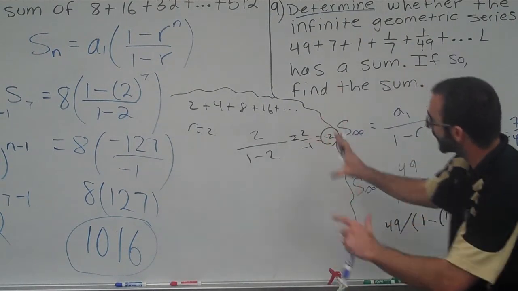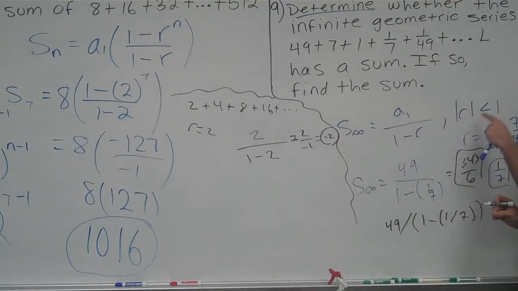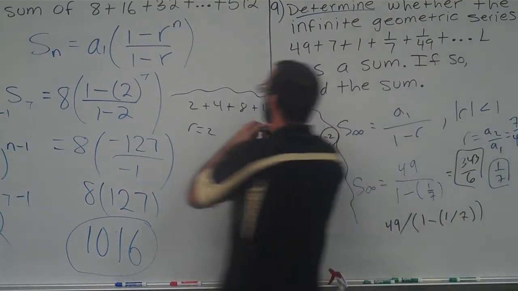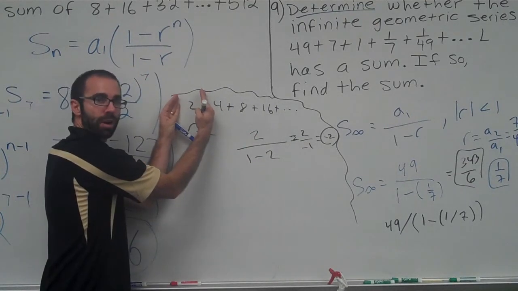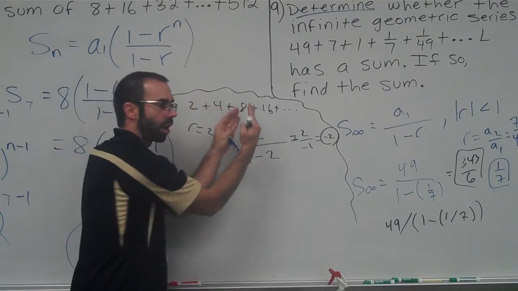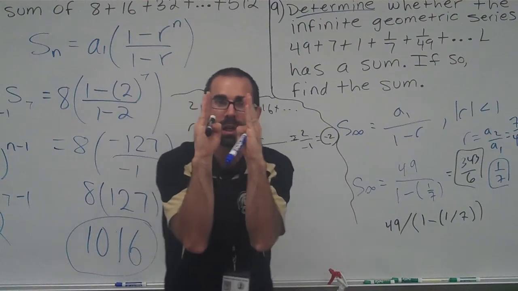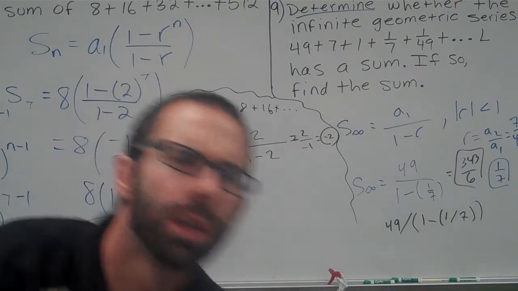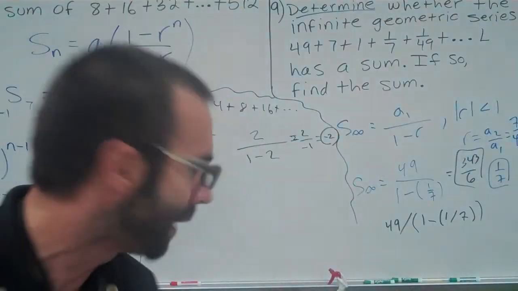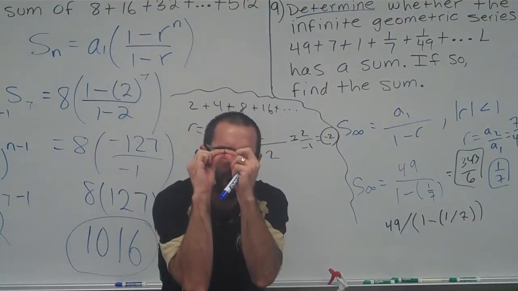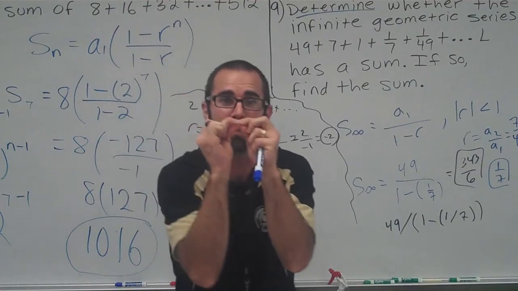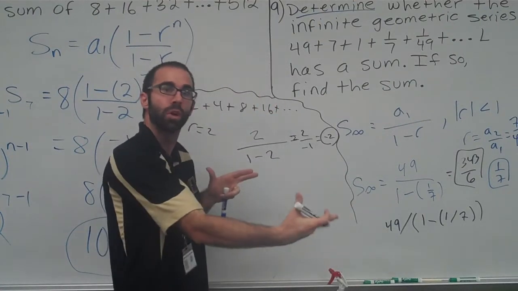So the reason we say that r has to be less than 1 is because our sequence has to start from a big number and then get smaller and smaller, so small that it eventually becomes 0, and then you're just adding 0 every time.